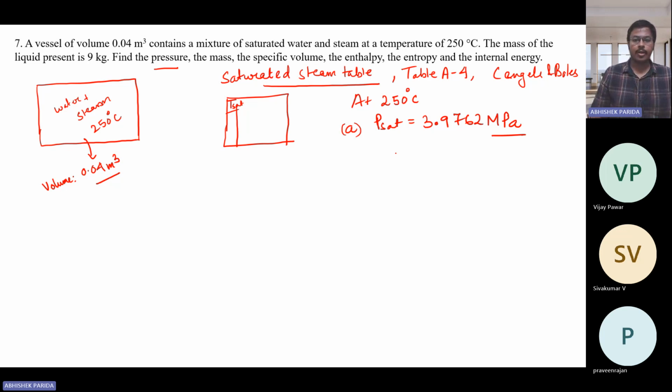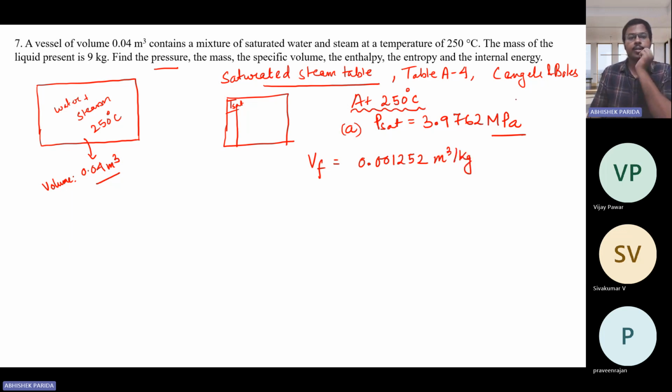Now the next thing is, see what is saturated liquid volume, vf. I am getting it is around 0.001252 meter cube per kg.